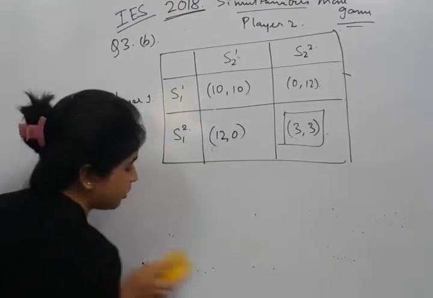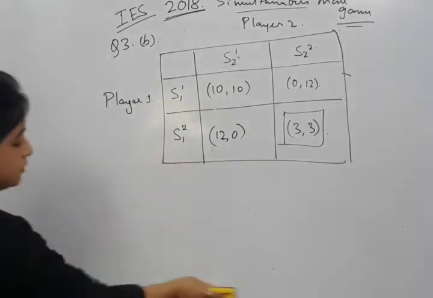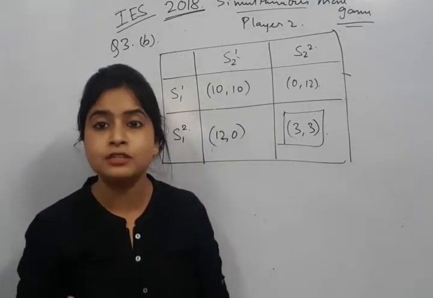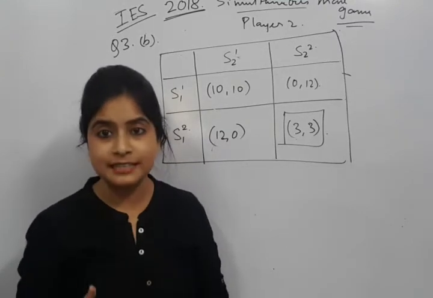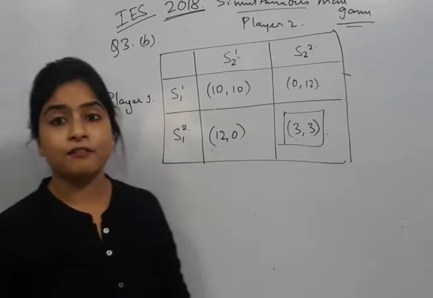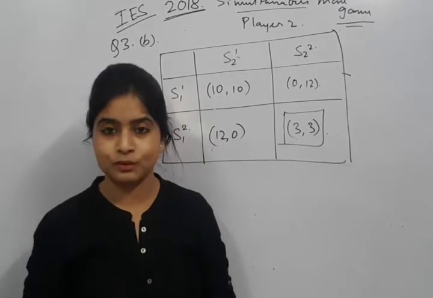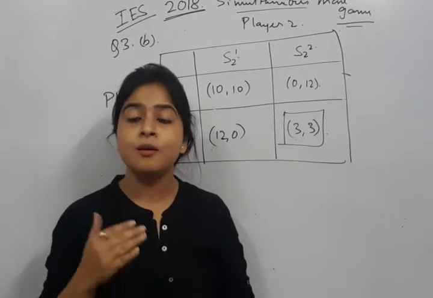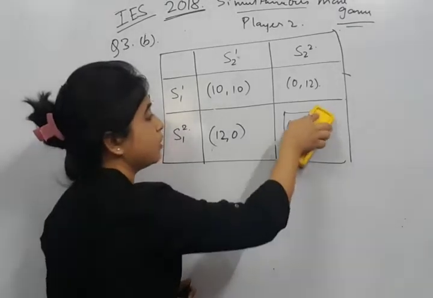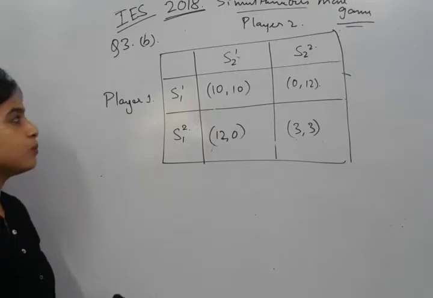Although the procedure is more or less the same, if you just underline the payoffs that both the players are choosing, that makes it relatively easier to find which payoff is actually the Nash equilibrium. Here luckily we only have one Nash equilibrium, but there can be situations where more than one Nash equilibrium can exist. So erasing this, let's play the game once more.